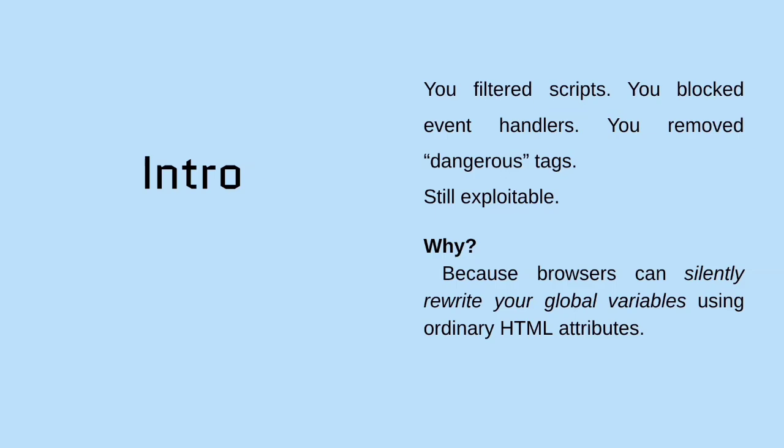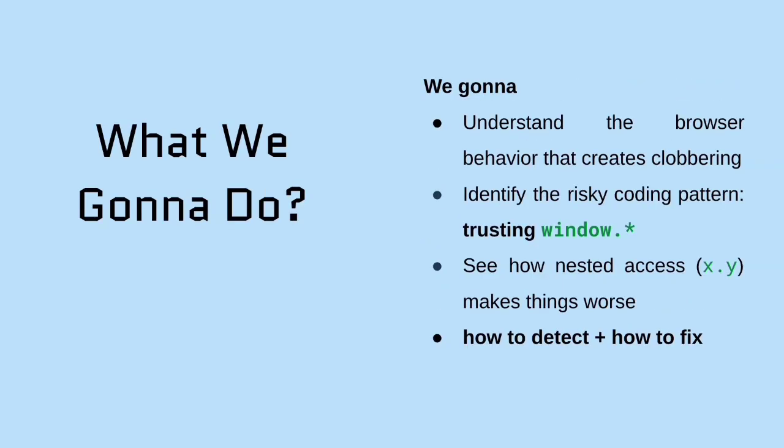Today, we aren't just bypassing a filter, we are rewriting the browser's global variables using nothing but HTML attributes. Breaking down DOM clobbering, an advanced technique of double DOM clobbering to turn a harmless config check into a critical access vulnerability.